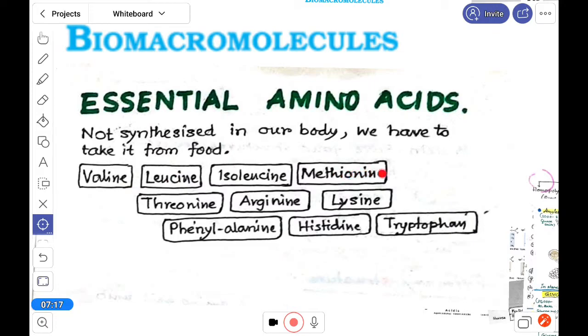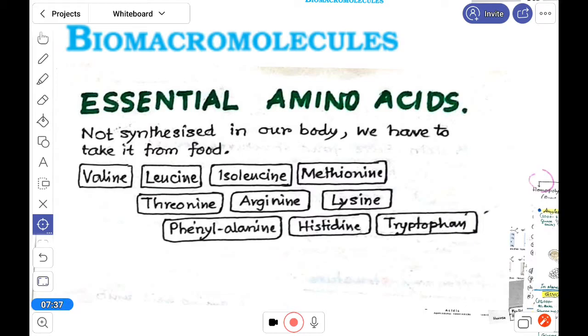These are the essential amino acids: valine, leucine, isoleucine, methionine, threonine, arginine, lysine, phenylalanine, histidine, tryptophan. These amino acids are called essential amino acids. Alright.